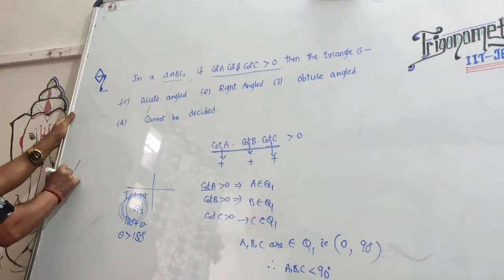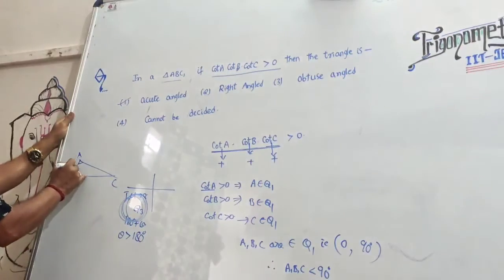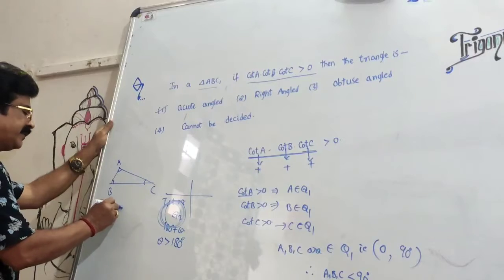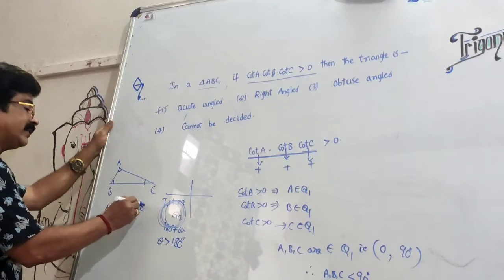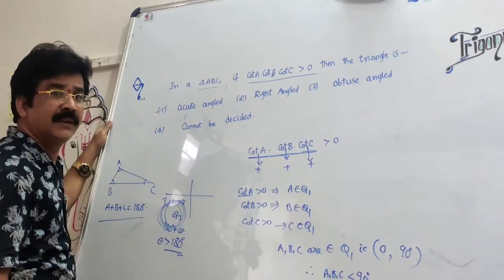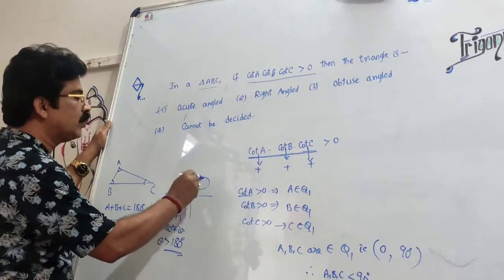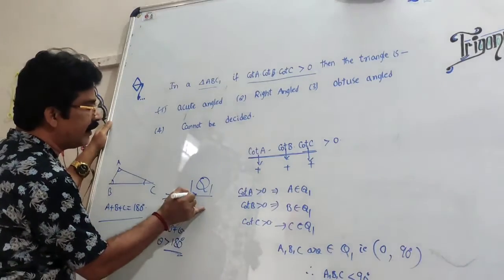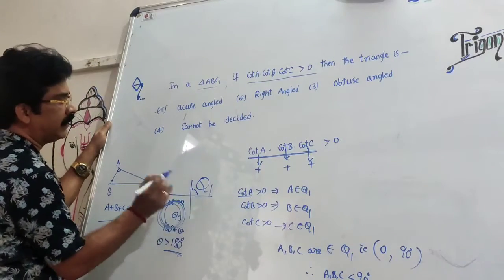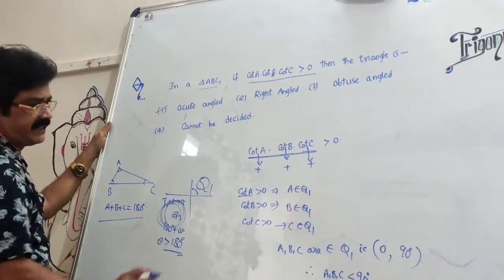But in any triangle, the sum of all the interior angles, A plus B plus C, is what? 180 degrees. How is it possible for each one to be greater than 180 degrees? So without loss of generality, definitely all are in the first quadrant. First quadrant means from here to there, but not 90 and not 0. Therefore, each and every angle is less than 90 degrees.